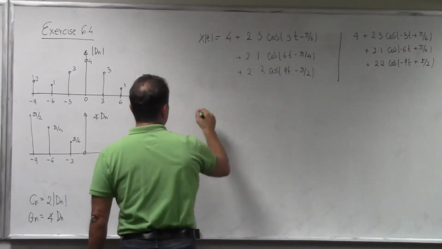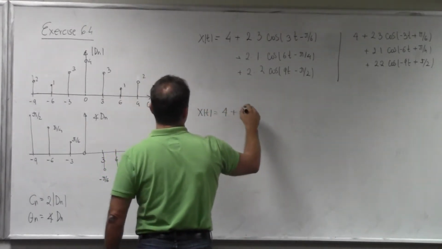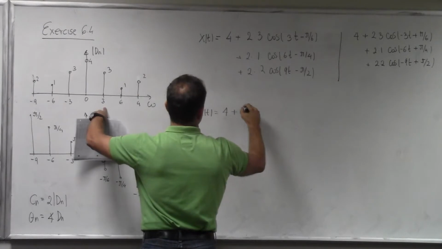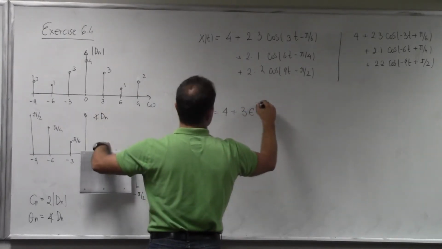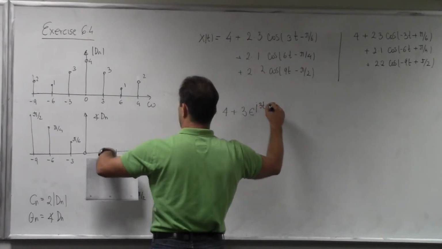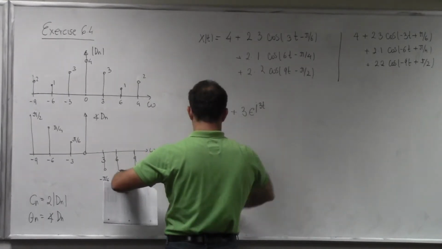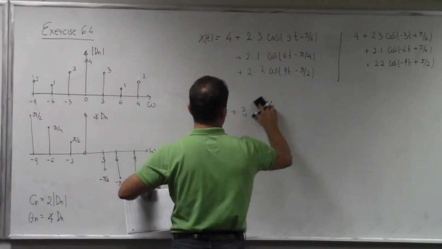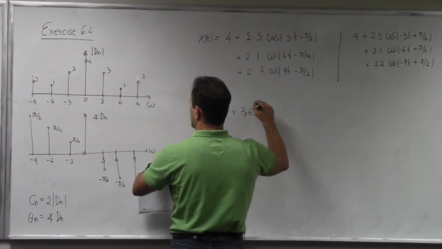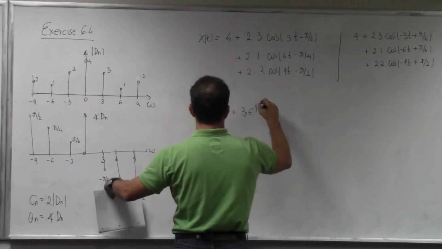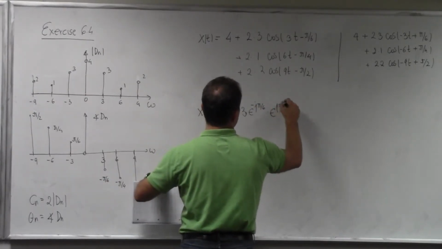I can start by saying x of t is equal to 4 plus 3 e to the minus j pi over 6 times e to the j3t.